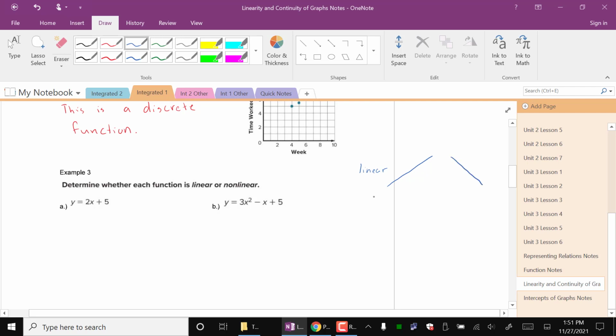This is also linear. And then nonlinear would be something like this, like this, like this. These are all functions, but they're nonlinear functions.